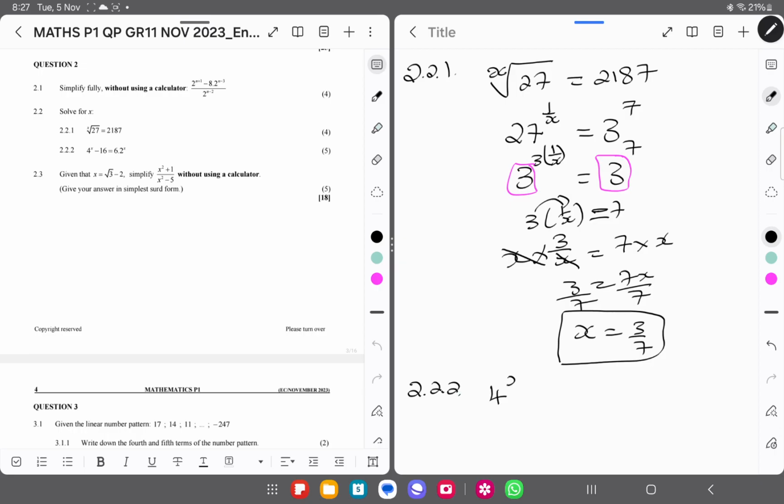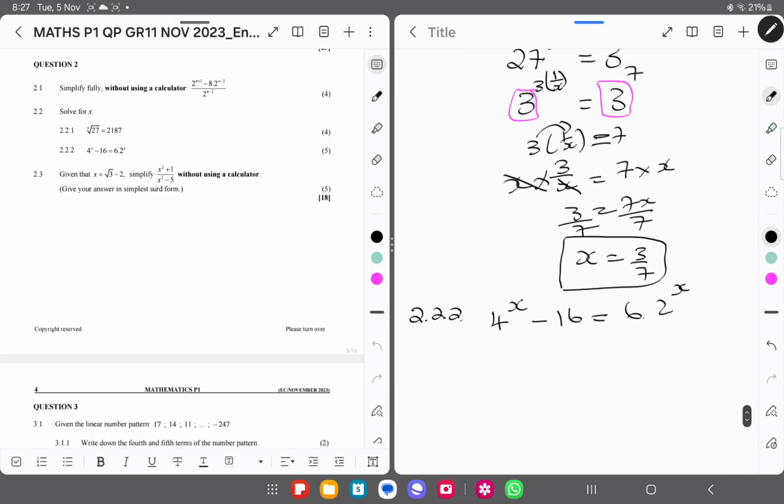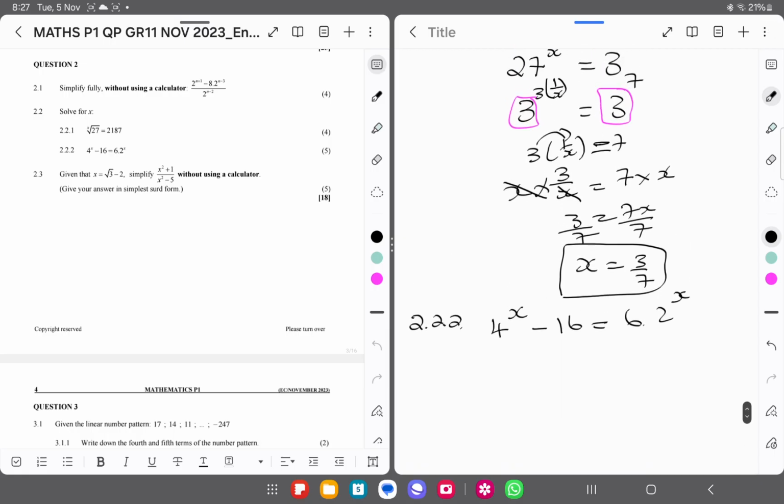I'm having 4 to the exponent x minus 16 equals 6 times 2 to the exponent x. Now, this type, solve for x. I change this one. It will be 2 to the 2x minus 16 equals 6 times 2 to the exponent x. Already I'm seeing 2 of these, and then there's a constant.